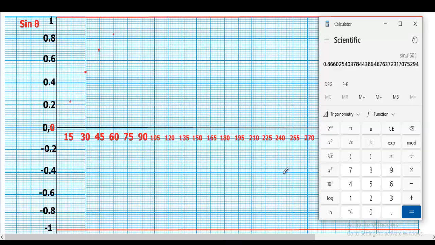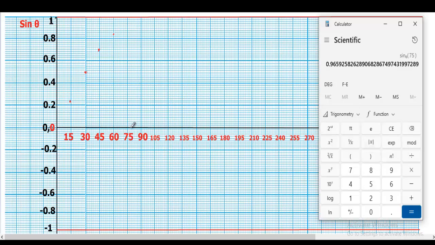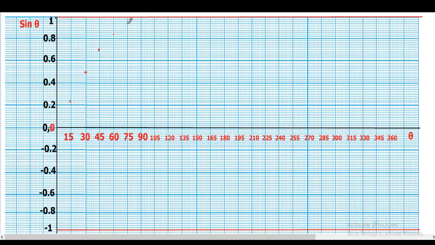Then sine 75 will be 0.96 approximately here. Then, as we all know, sine 90 equals 1 at this point.